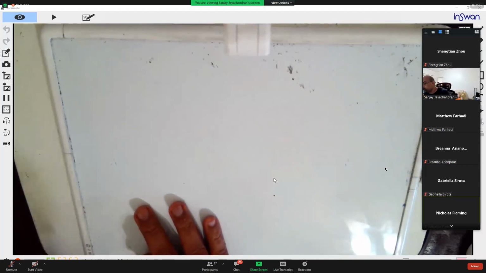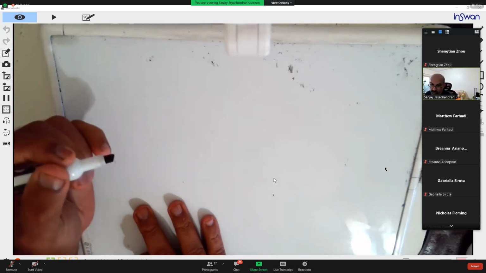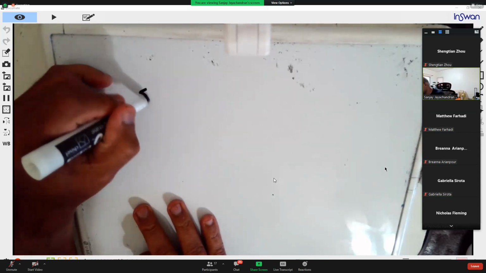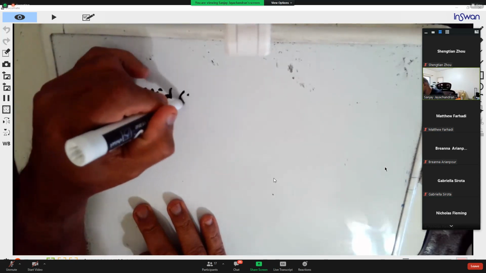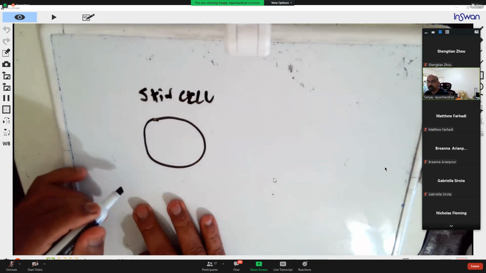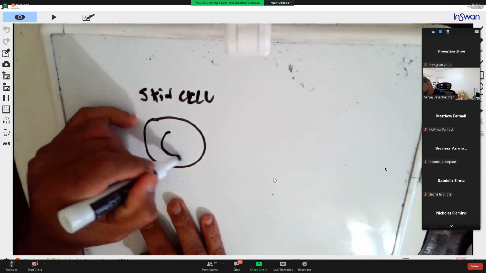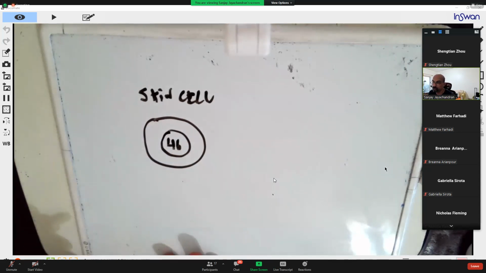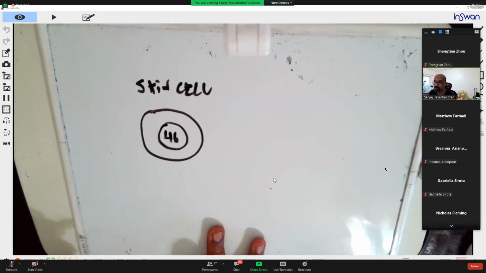So I'm going to give you a human example of what they did. Let's say I take a skin cell, from one of you guys. Here's a skin cell. Your skin cell has 46 chromosomes in it. Every one of your body cells has 46 chromosomes, except your egg and sperm.